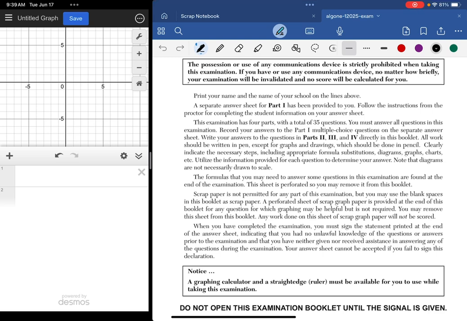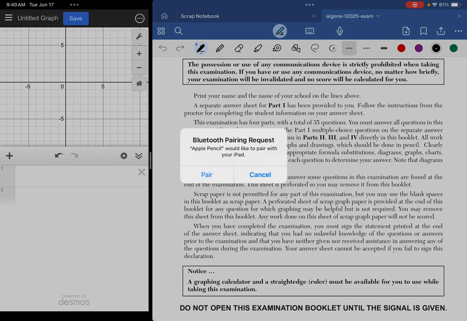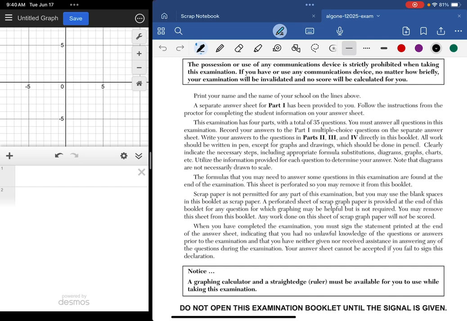So there isn't an answer page for that. You just get right to it. Right? So you just write your answers in the answer booklet. You make sure that you answer the question fully and also support your answer with the appropriate work. All right, so there we go. So that's a little bit on that.